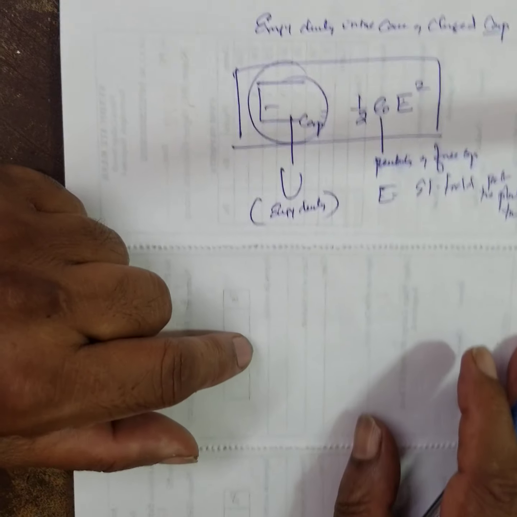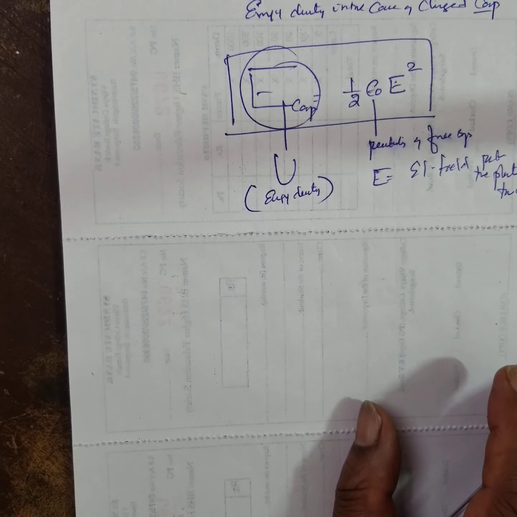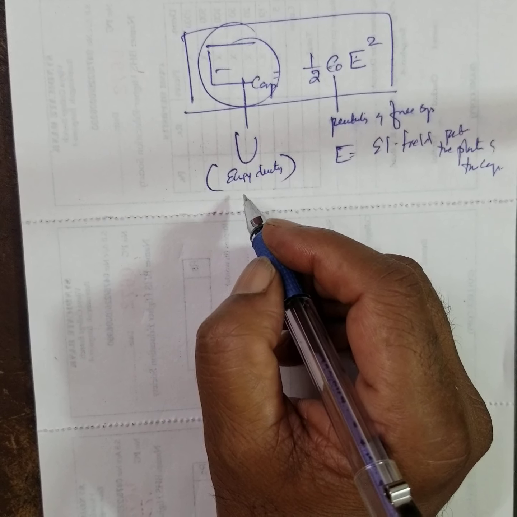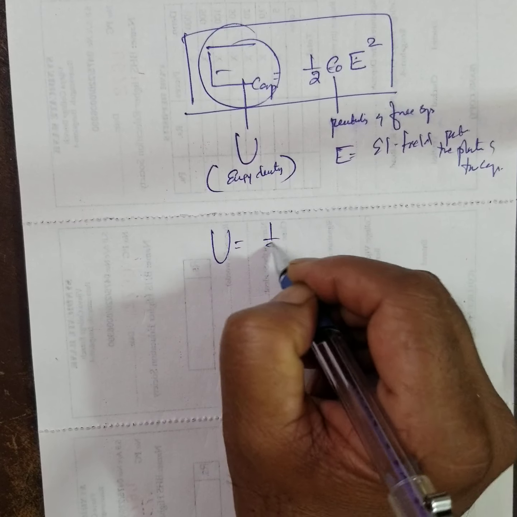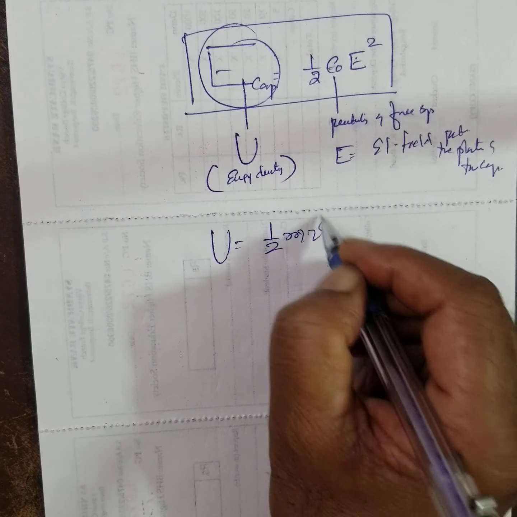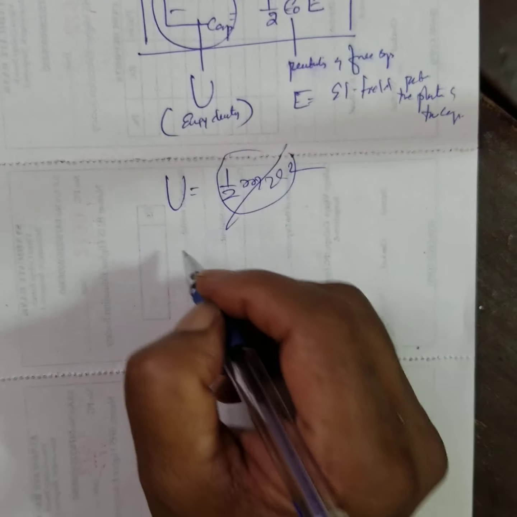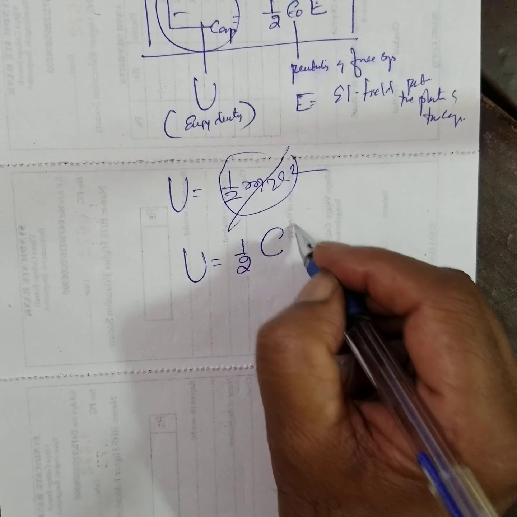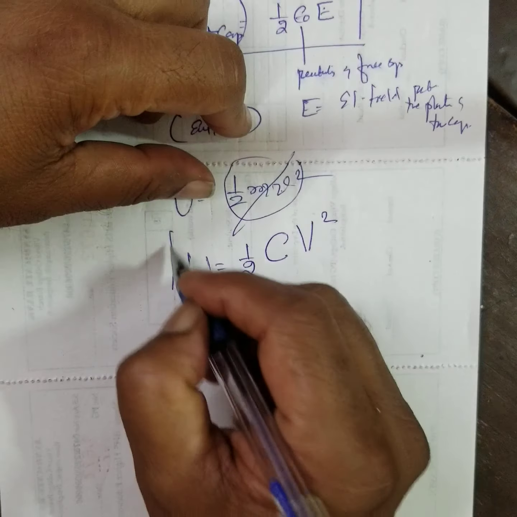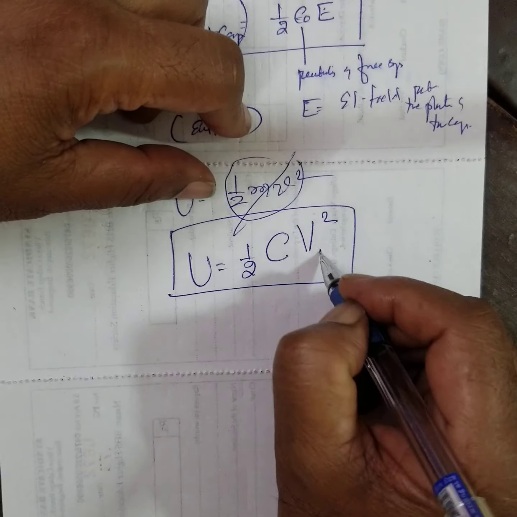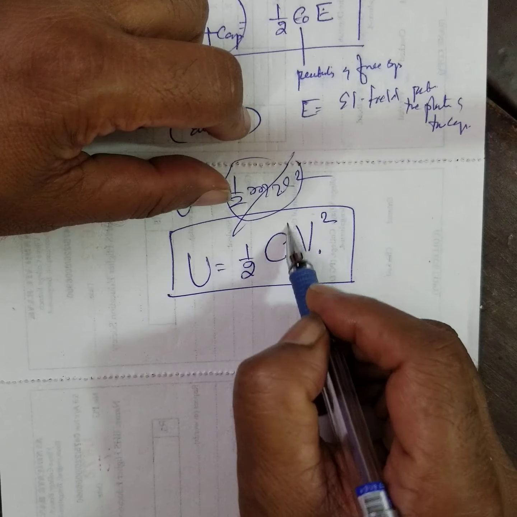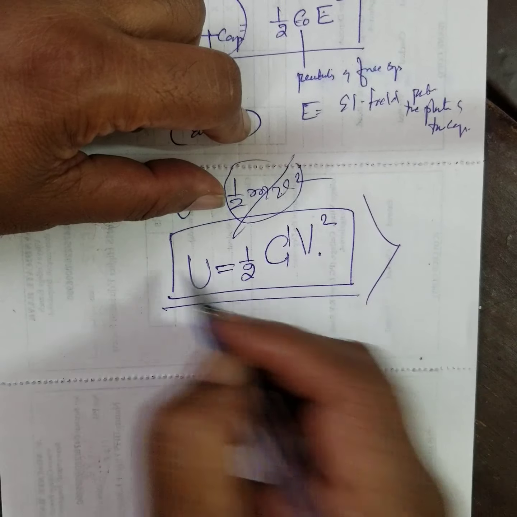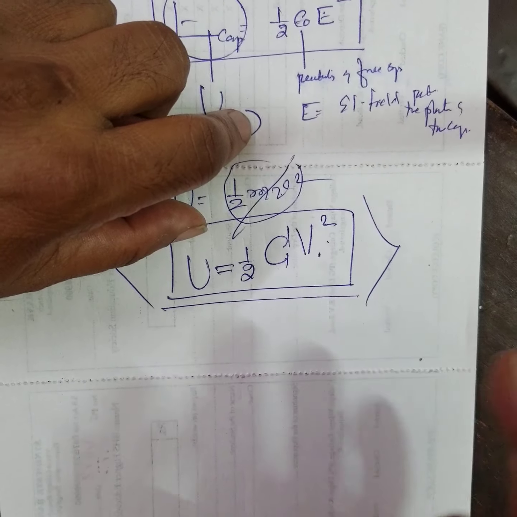Sometimes they will write U is equal to half mv square, like kinetic energy. Same here also: half, instead of mass you have C, instead of velocity you have the voltage V square. So it is half C V square, where C is the capacitance and V is the voltage.